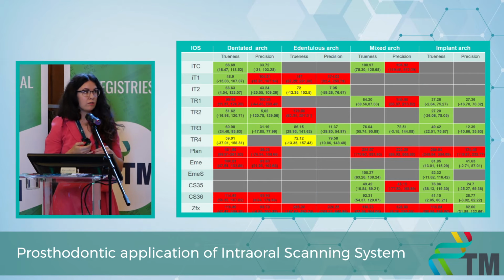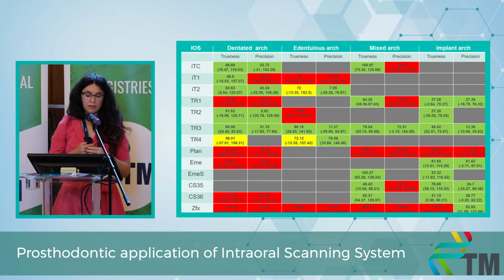Also, you can see a chart here where the different intraoral scanners are visible with their accuracy. You can see that there are green parts where we have clinically acceptable accuracy, and also the red ones, which are clinically unacceptable measures, and also the gray ones, where we cannot have enough data in the literature.